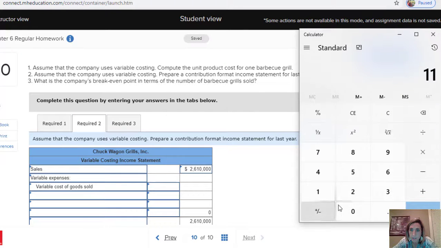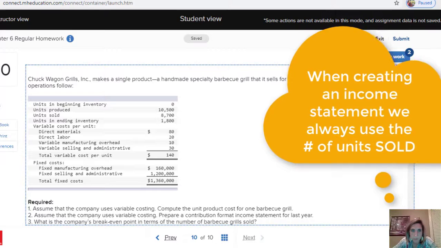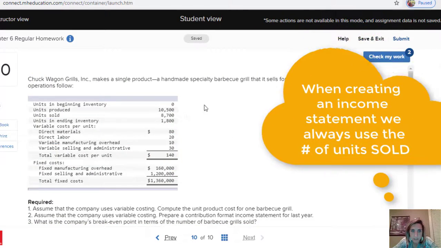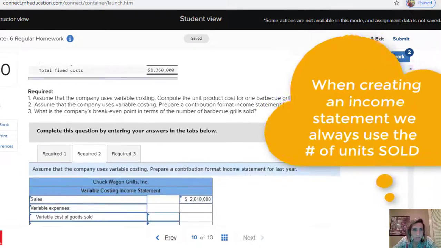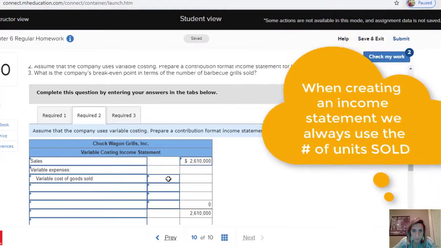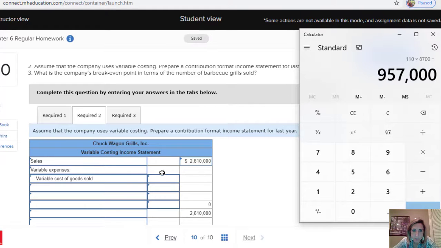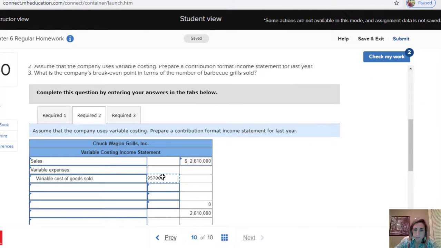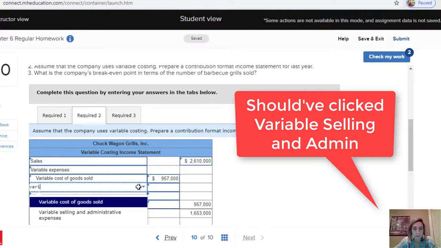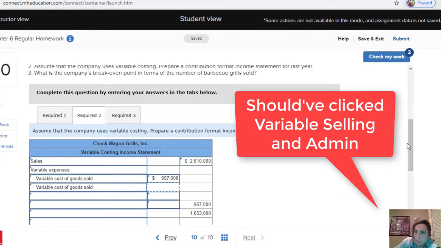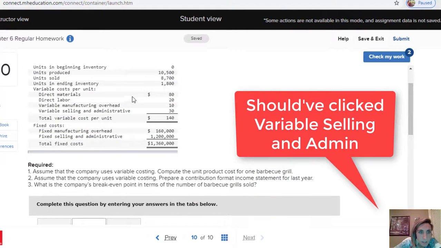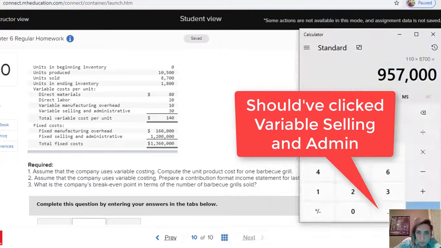So 110 multiplied by 8,700. Just going to show you that that was the number of units sold up at the top. That will go in this box, 110 multiplied by 8,700. The next box would list the variable selling and administrative cost, which is given in the problem as $30 per unit.